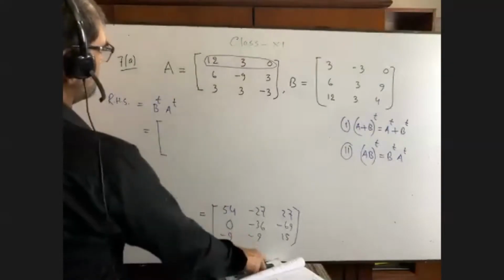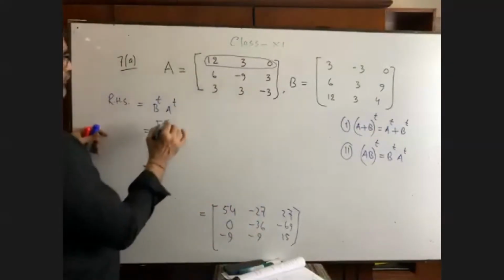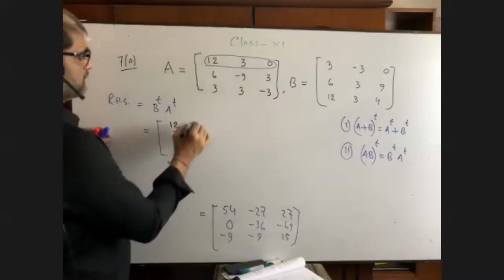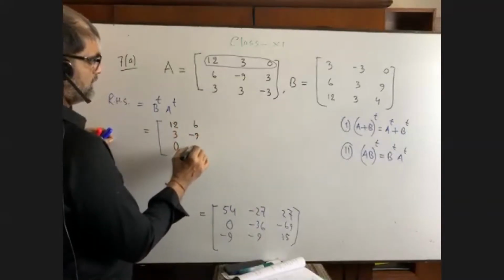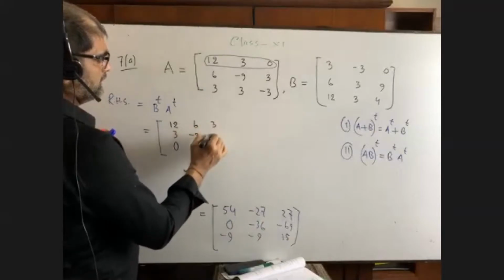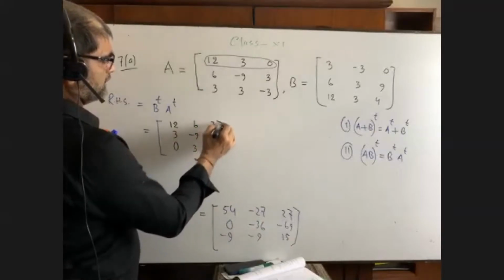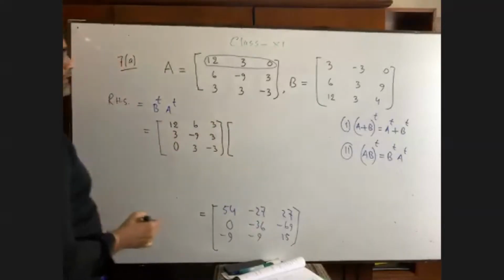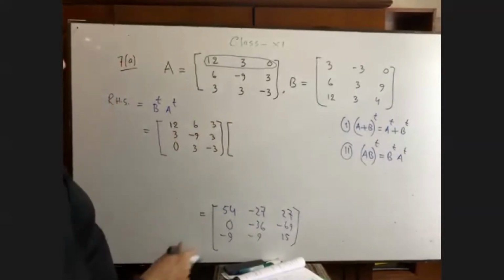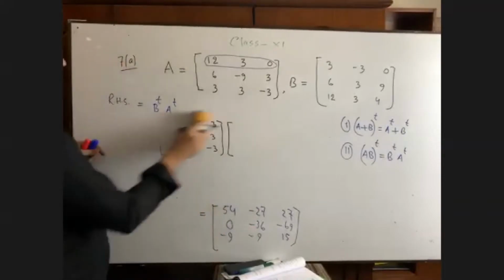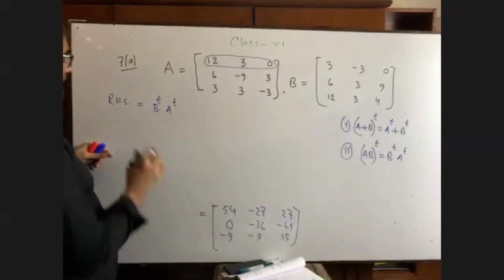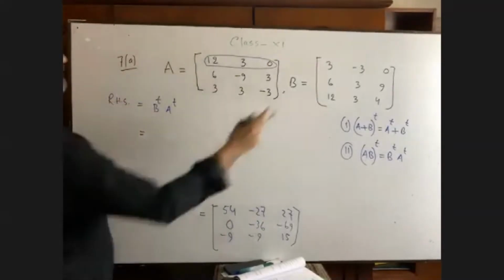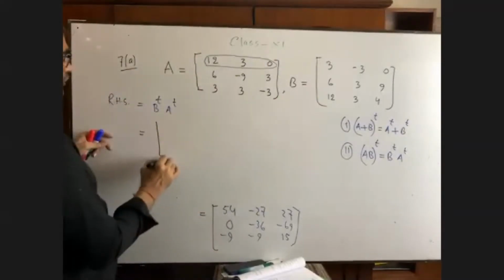You see, BT equals to 1230, 6 minus 9, 3, 3, 3 minus 3. This is BT. And what is A? Oh, I'm sorry. I'm just absolutely wrong. Again, BT. This is B, but I have considered here A. This is B. BT equals to what?